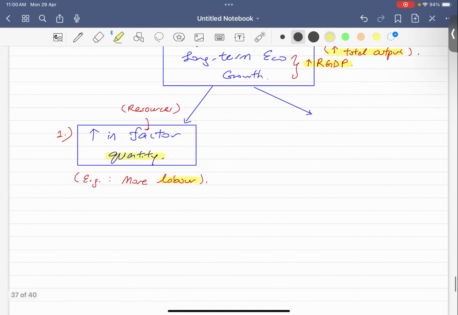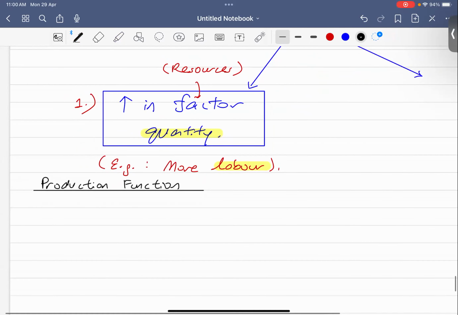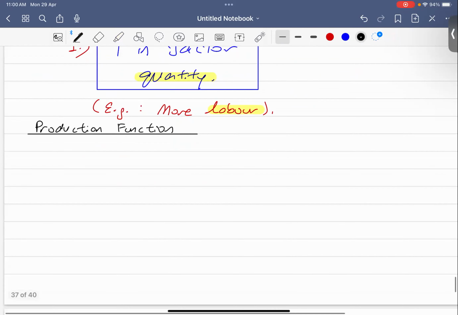So I can show this in the graph. We can show it in a graph called production function. So what is production function?